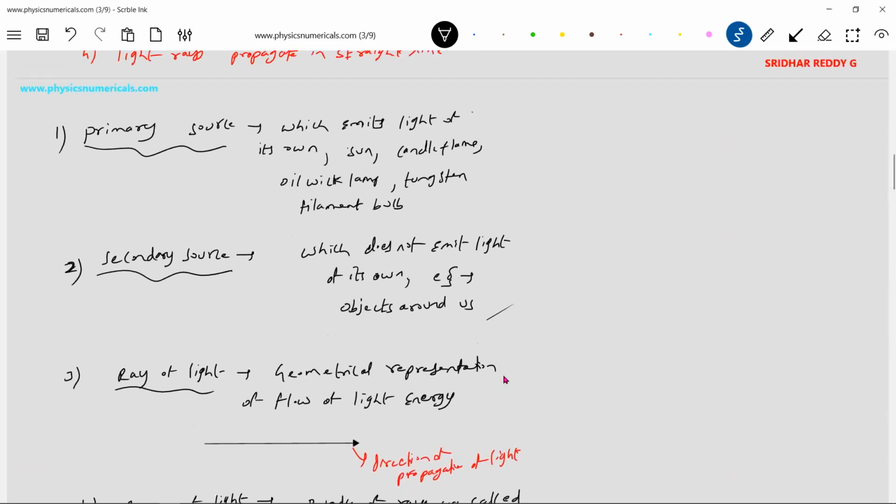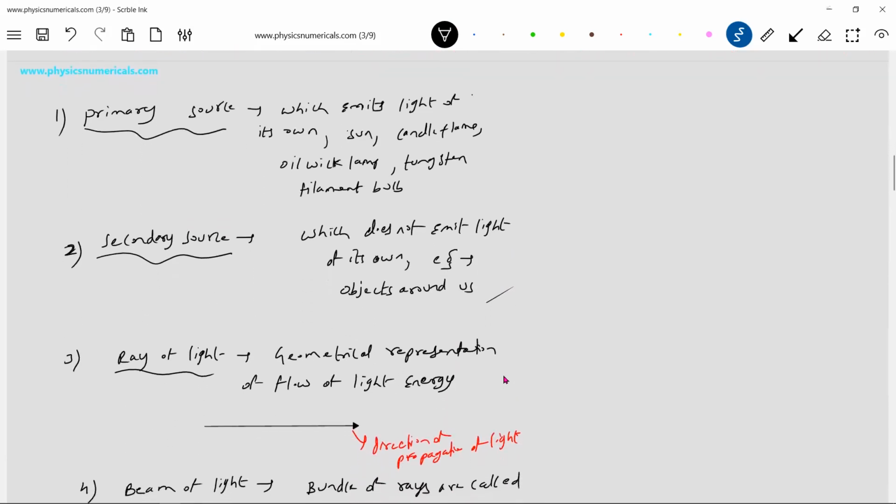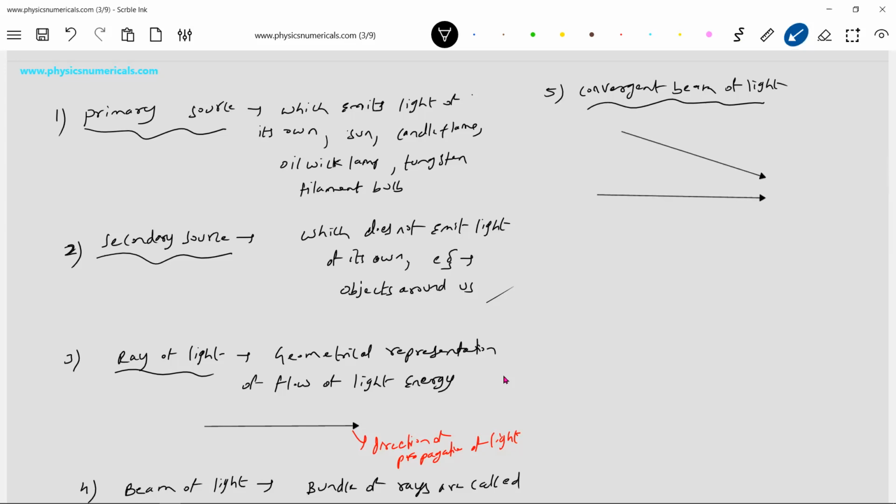Again the beams: convergent beam. Look at the diameter of the beam. If the diameter of the beam decreases as it propagates, then it is a convergent beam.